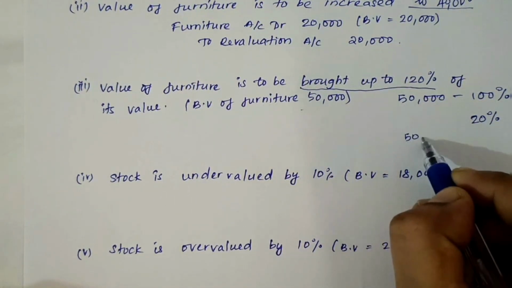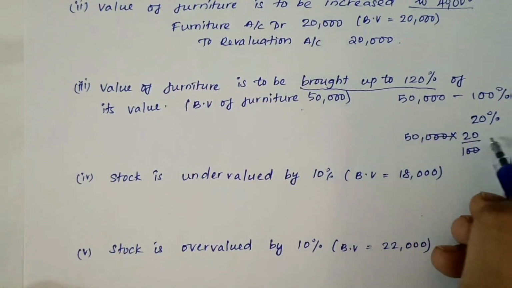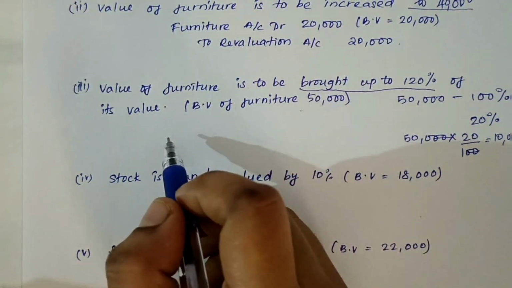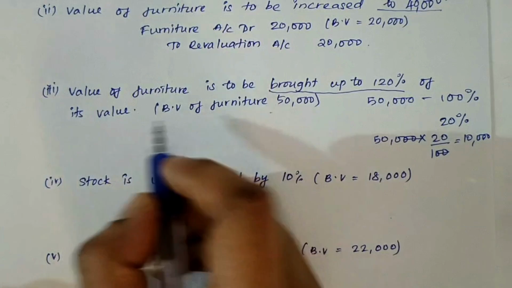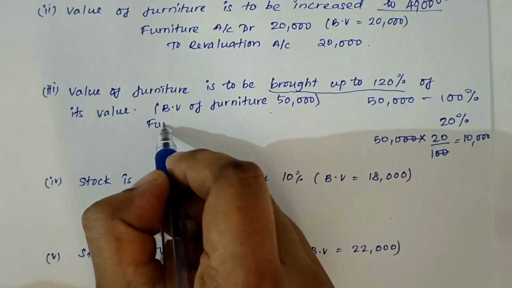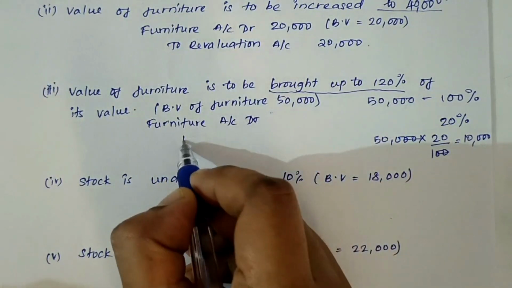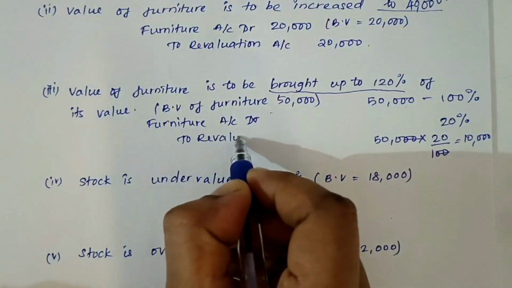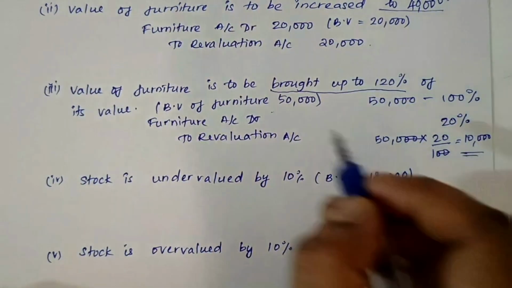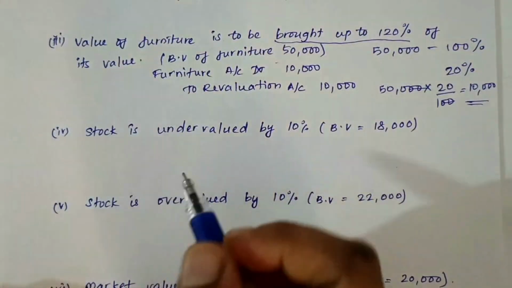So 50,000 into 20 by 100 is 10,000. So there has to be an increase of 10,000. Furniture, which means asset. Increase in asset has to be debited. Furniture account debit to revaluation account. The amount is 10,000. The change in amount is recorded.